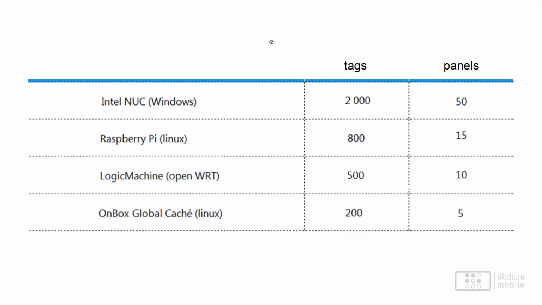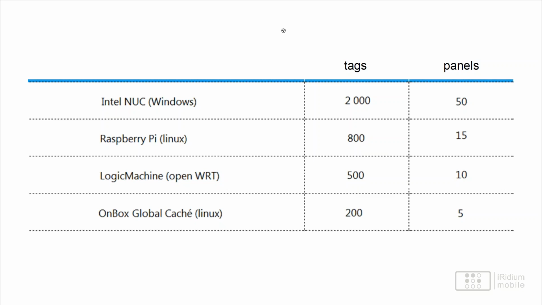We made some synthetic tests in our office that should show you how to choose an iRidium server for different sizes of installations. For example, an Intel NUC based on Windows supports up to 2000 tags on the iRidium server.